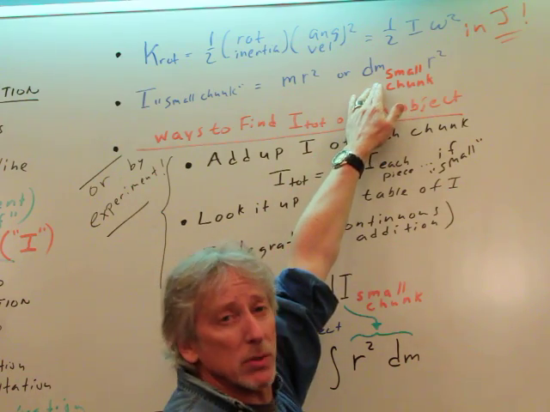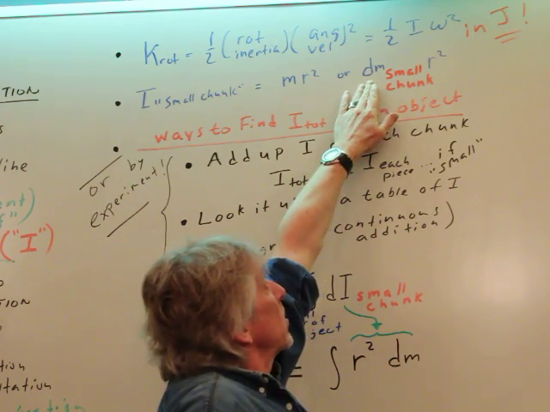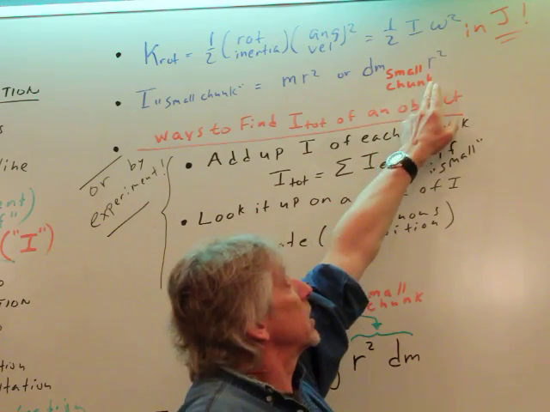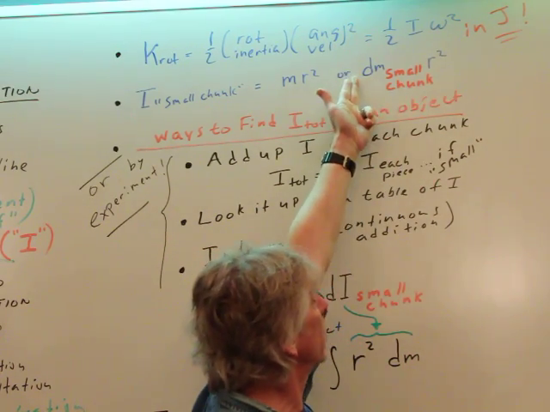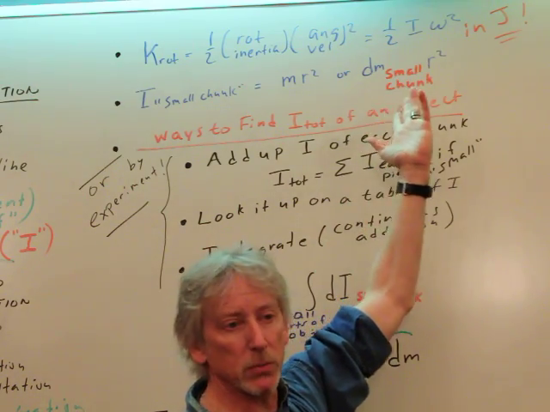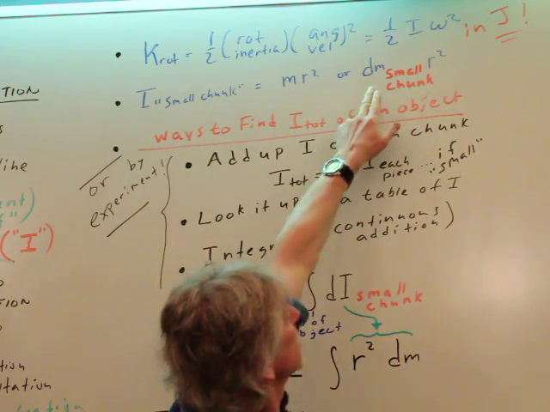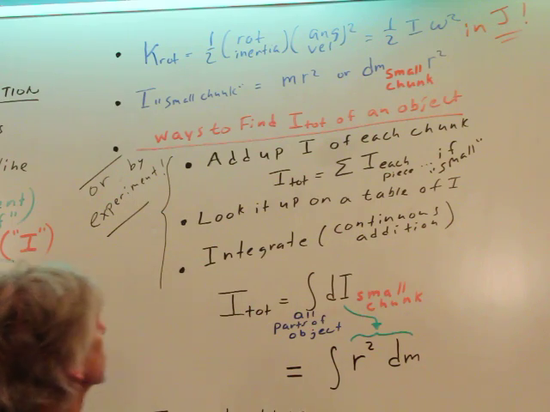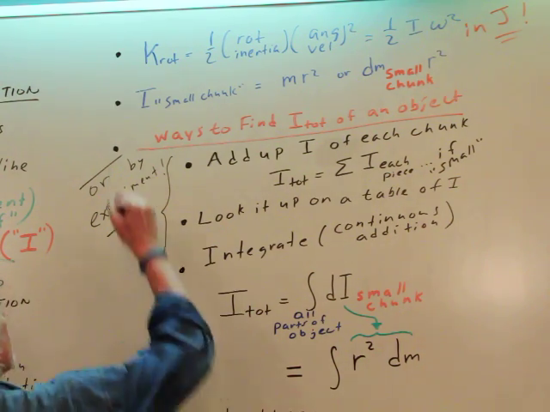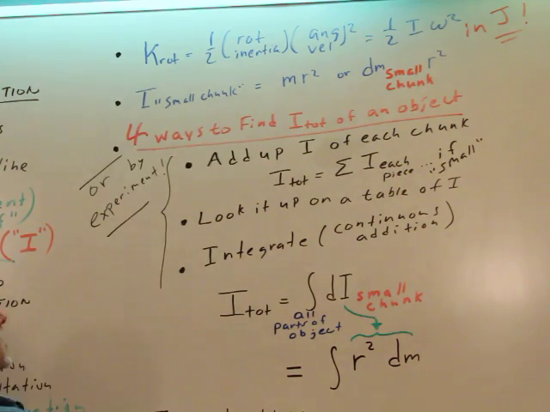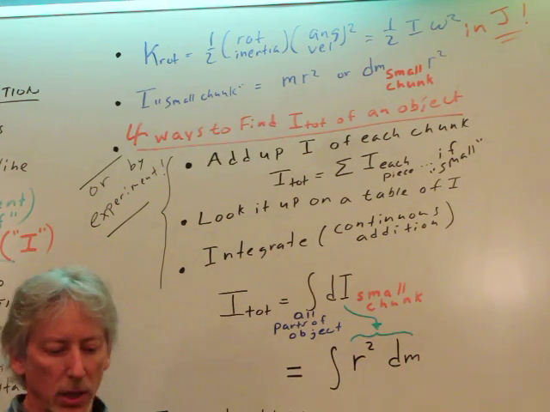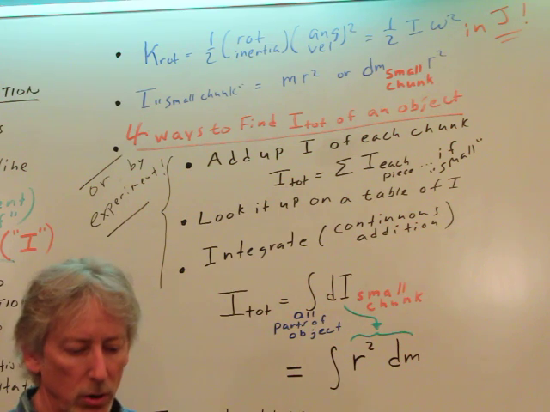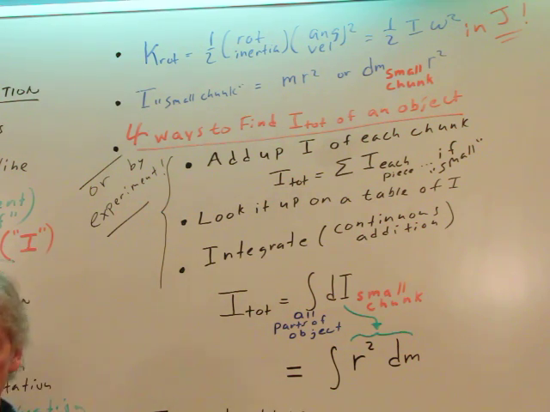And mass, of course, is a property. So dm of a small chunk times r squared. Or if we want, we could write that r squared times dm. It doesn't matter, we're just multiplying, it doesn't matter the order. So we've got that idea. So there's 4 ways to find the rotational inertia of an object, of this object, or of this object, or of this crazy object on the side, or anything.